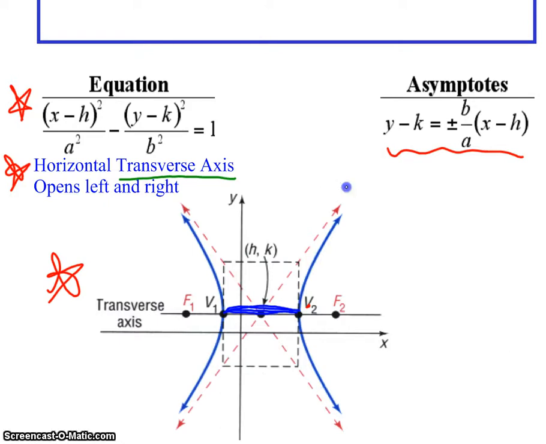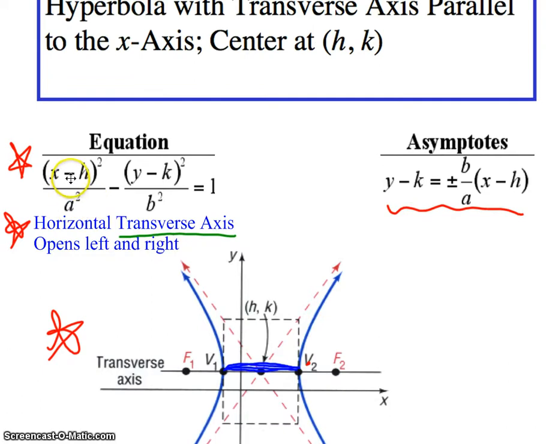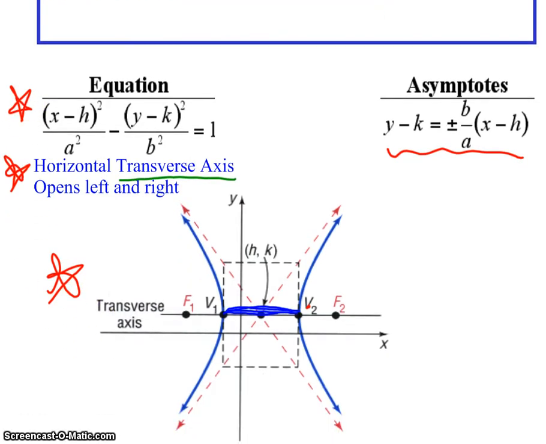Just be able to sketch it. Again, if x is in the front, x being squared, it's a horizontal transverse axis. That one you do need to write. I get these three stars here. Your center, as with all the other conics, is at (h, k).